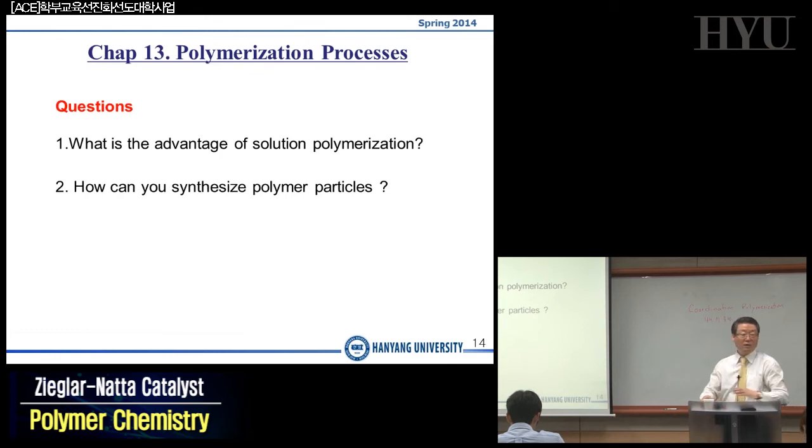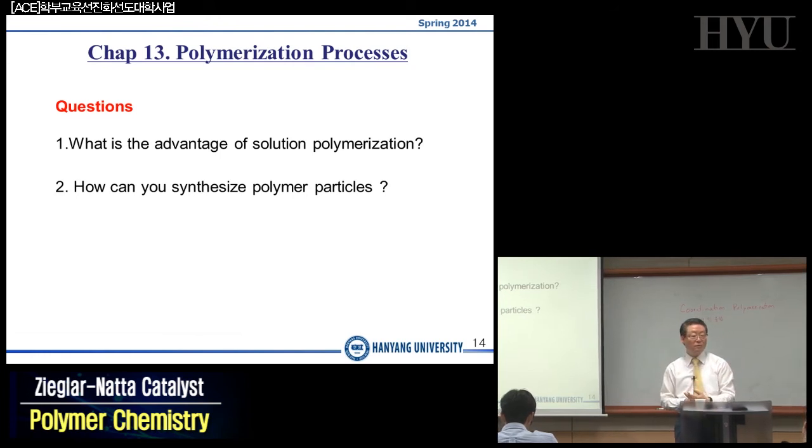So if you don't have any question, then I can proceed with chapter 13, which is about the polymerization processes. Well, so far I have talked to you about the mechanisms of the polymerizations.